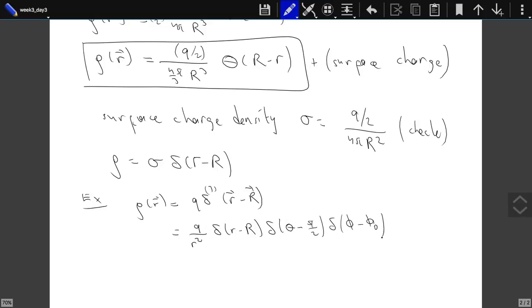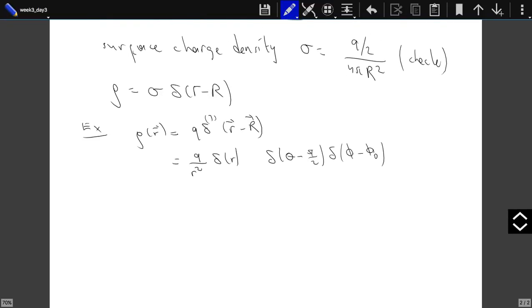Now large R is 0. When you put this in any integral in spherical coordinates, you will end up having the radial integral going from 0 to infinity. So your Dirac delta is non-zero on the boundary.